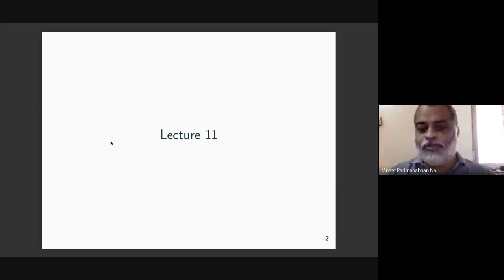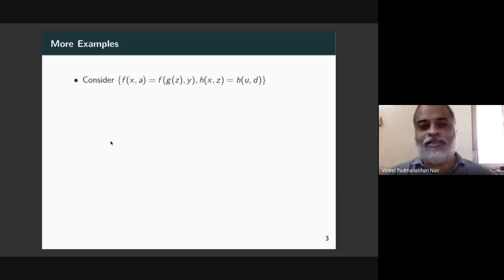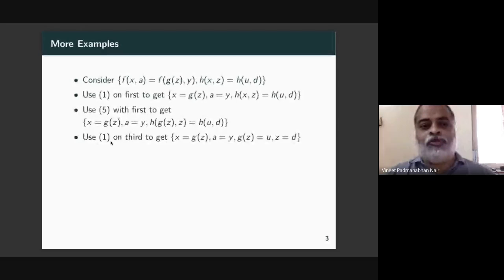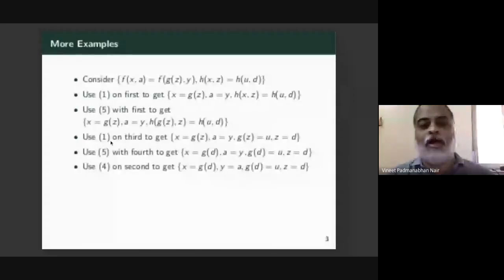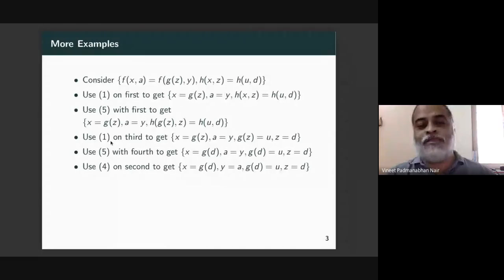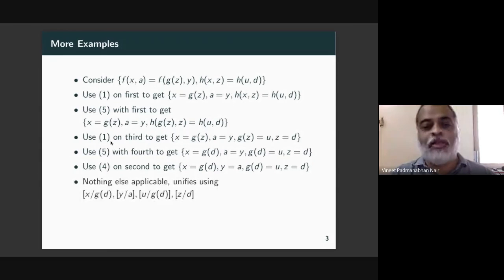So before getting into that, let us just brush up what we saw in the last class. These were the kind of examples given to you, and you were asked to apply certain rules. I had given everything in an algorithmic fashion, and you applied those rules and tried to find the most general unifier.